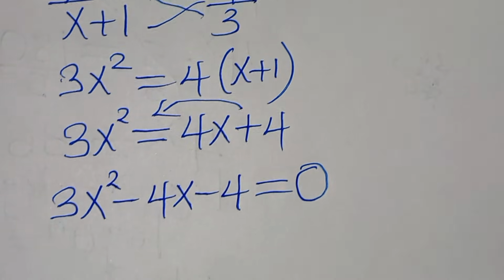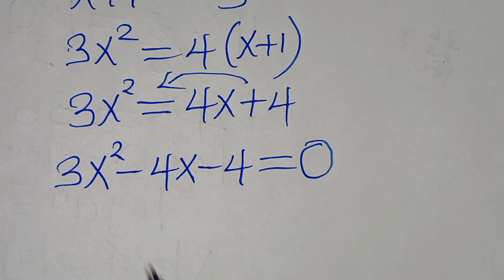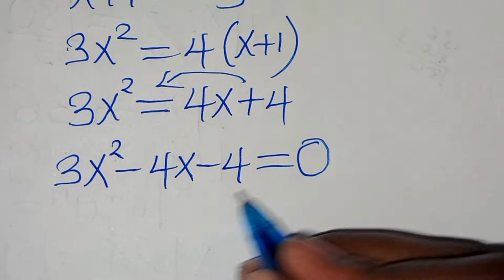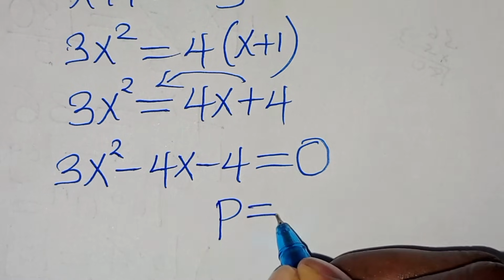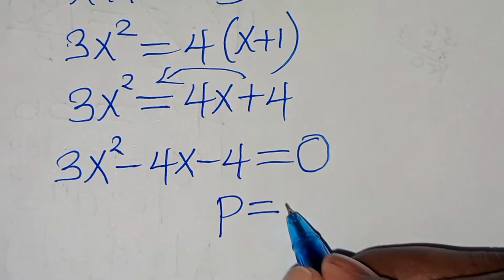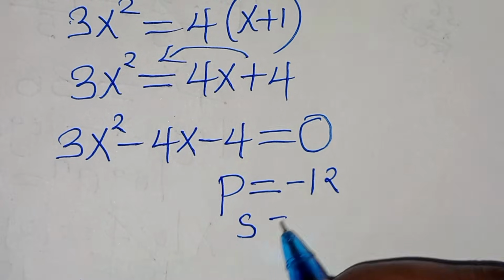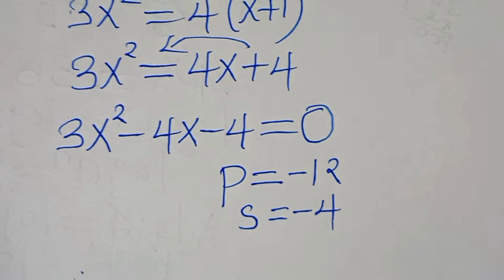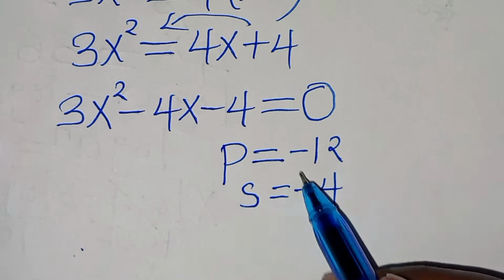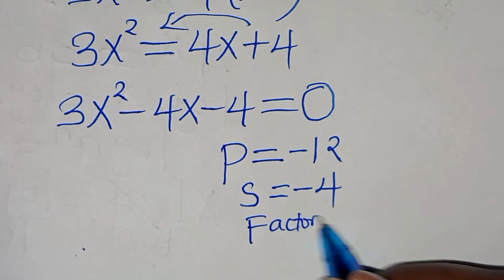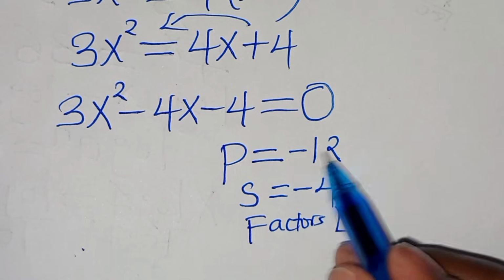So this is a quadratic equation, and we can solve this quadratic equation by applying the factorization method. Remember here, the product is equal to 3 times minus 4, which is minus 12. And we have that the sum is equal to minus 4. So we need to get two factors here, that if we multiply these two factors, we get a value of minus 12.